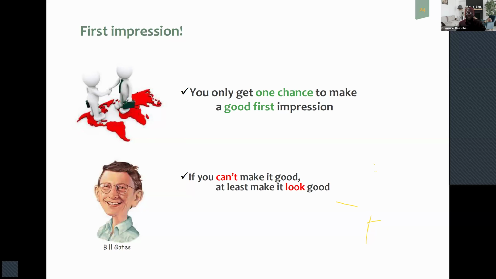It is grammar error-free and all that. So make a very good impression before you submit your manuscript. If you can't make it good, at least make it look good, ladies and gentlemen. If you cannot make it good, just make it look what? Good. I'm telling you, that is the best way of doing your work.